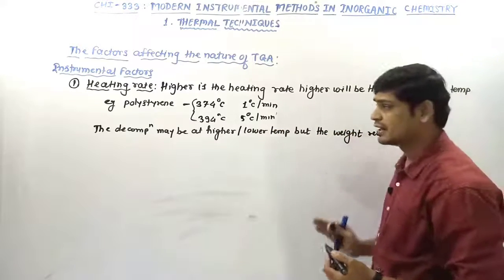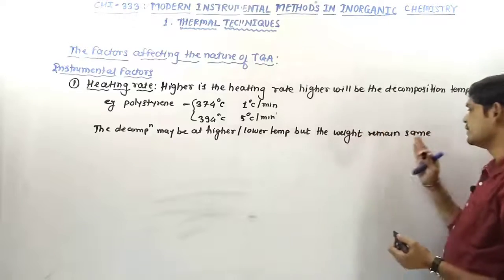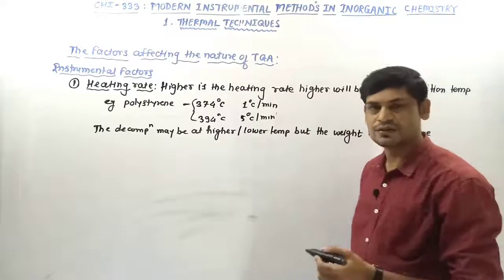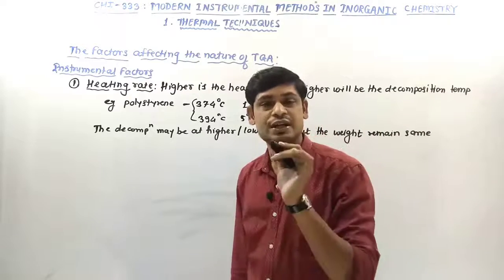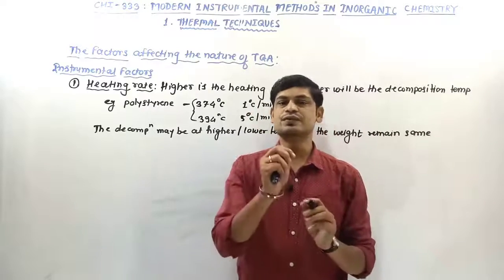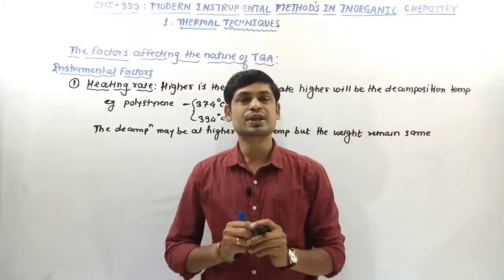It means that heating rate will never affect the final weight of the substance, or you can say the residue, after decomposition. So it was the first factor from the instrument.